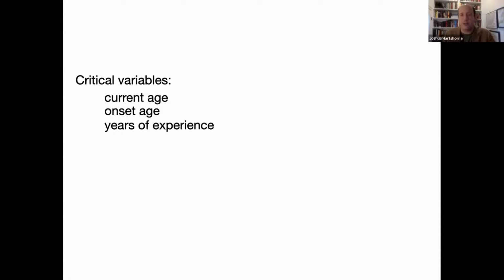All of these are going to affect how well someone's doing on a particular language at a particular time. So if we take two people who started learning English at different ages, one at 10 and one at 20, but they're both 30 years old, they have the same age, but there's a confound of years of experience. The person who started at 10 has been learning longer.